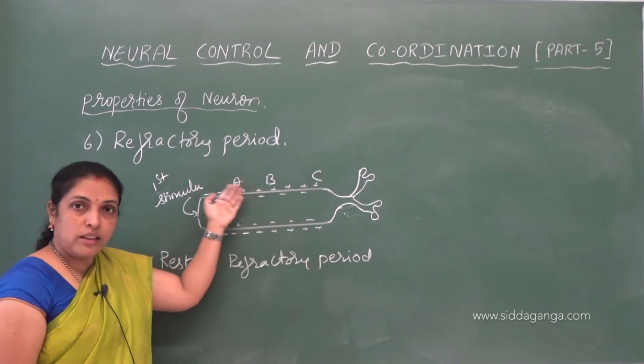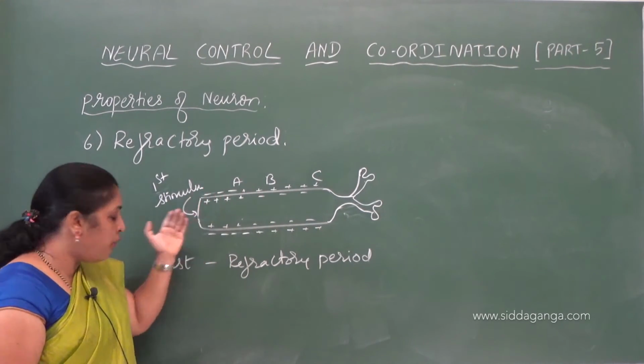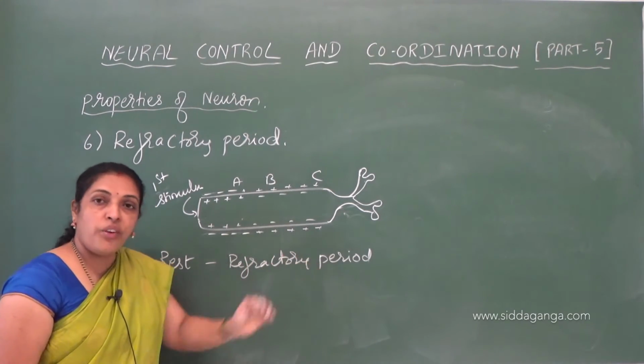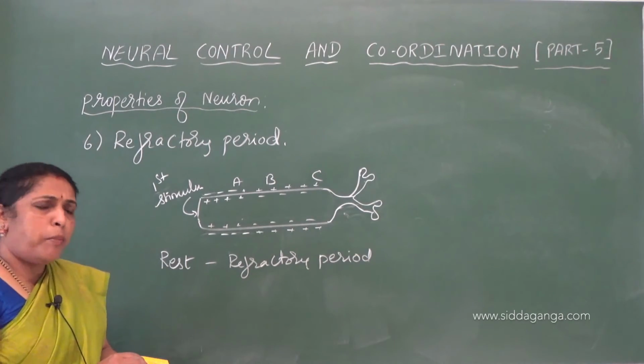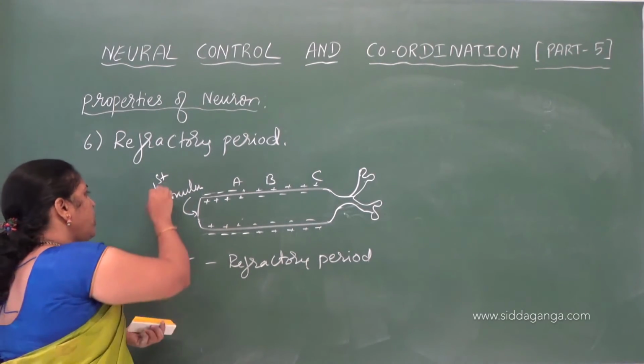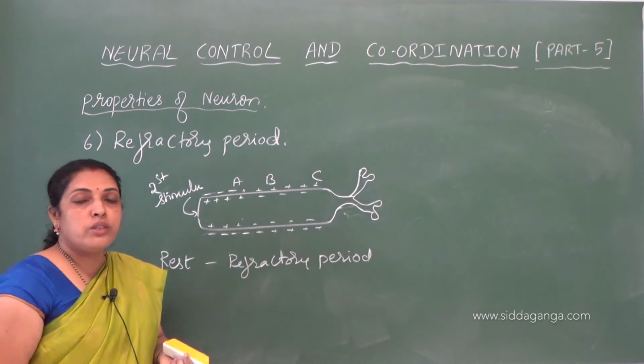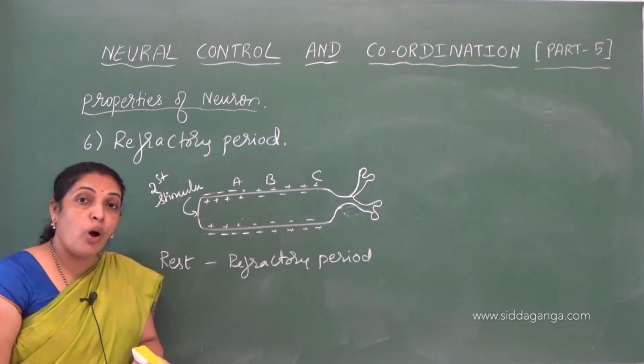Immediately after that, the nerve fiber will go through a period of rest, called refractory period. During that refractory period, if you apply a second stimulus, the nerves will not be able to excite or conduct.